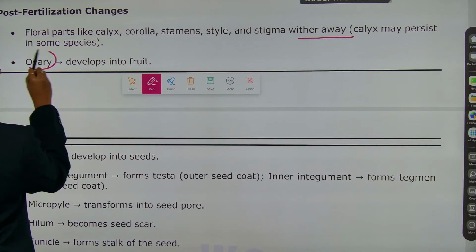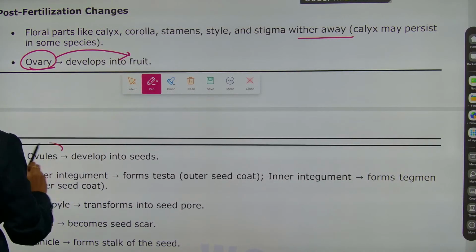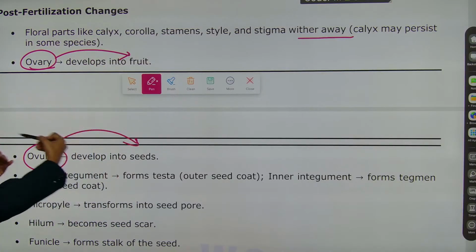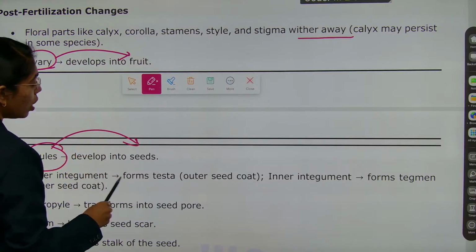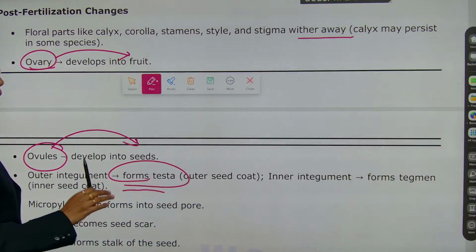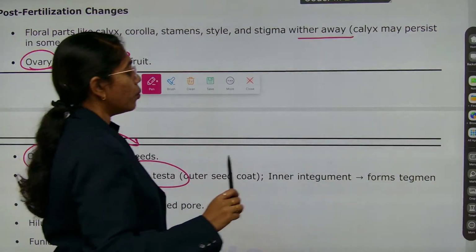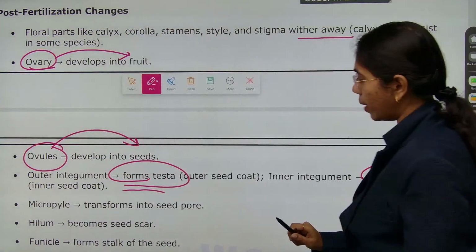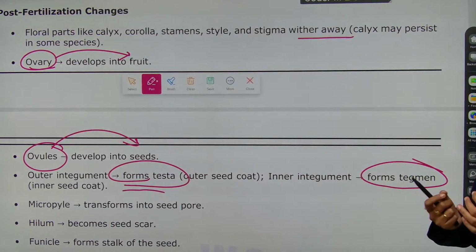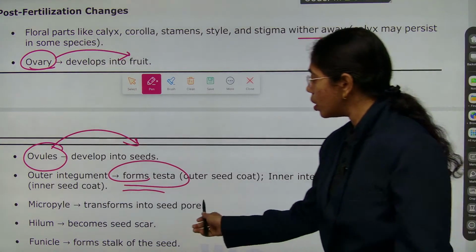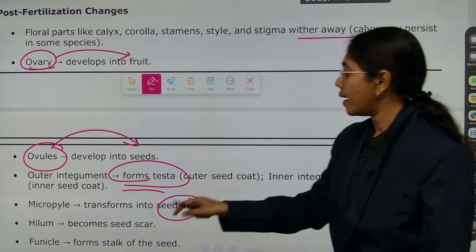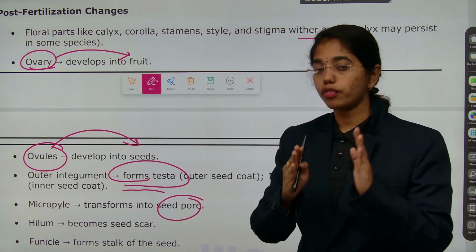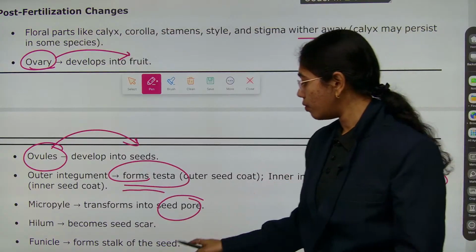Next you observe the ovary will develop into fruit and the ovule develops into seed. This happens simultaneously. In the seed, the outer integument of the ovule will turn into testa and the inner integument of the ovule will form the tegmen. The micropyle will transform into the seed pore, and the hilum is the scar of the seed. The funicle is the stalk of the ovule earlier, and what will it be later?